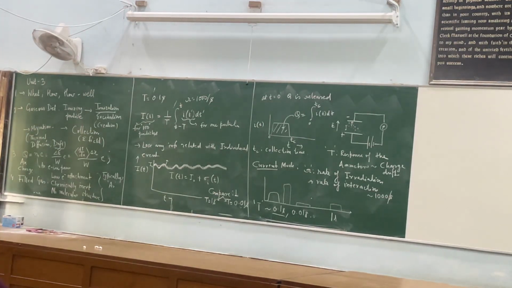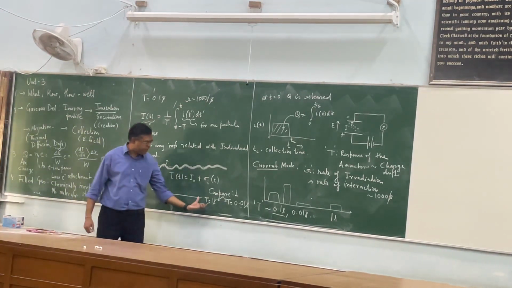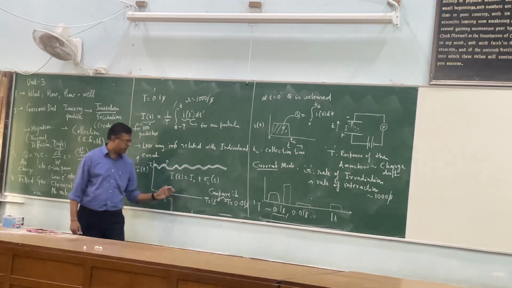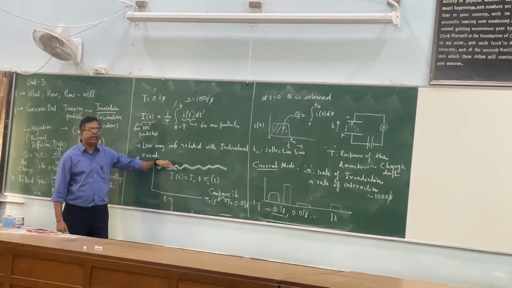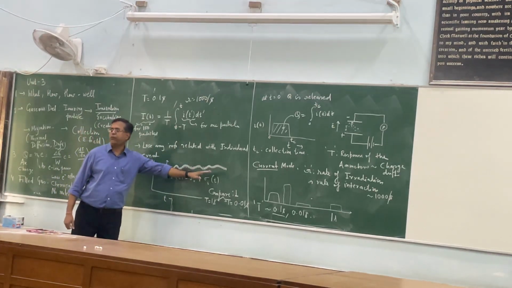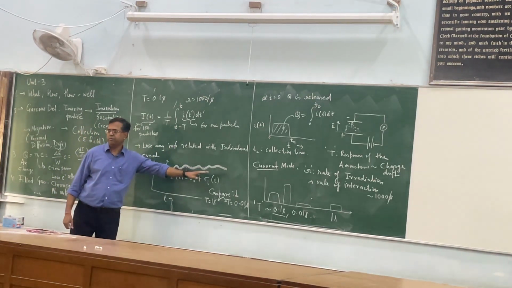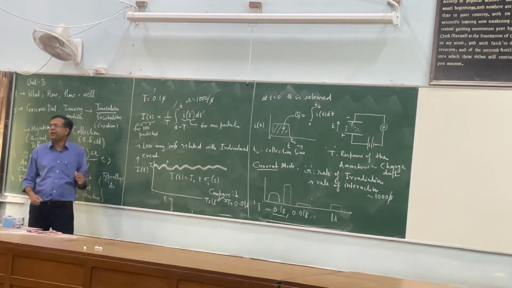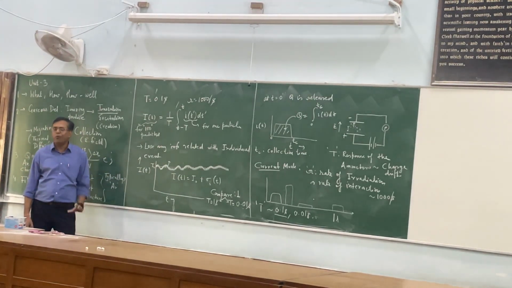So all that happens when we choose a large response time is that we take care of these fluctuations in the current. The average current remains the same in almost all cases. Now what will be the average current, if I have to find it out?